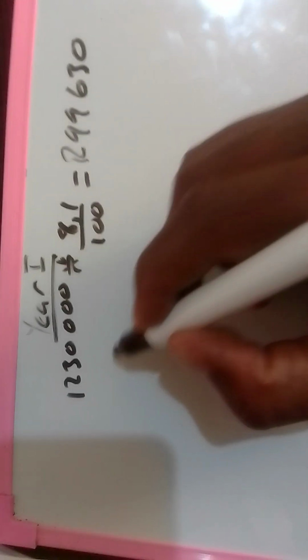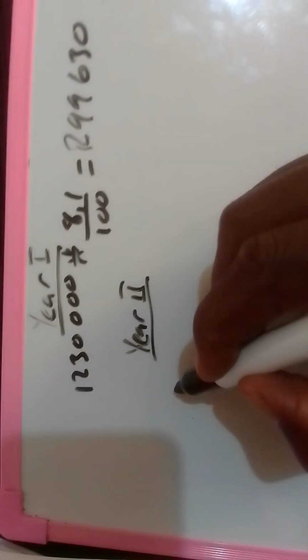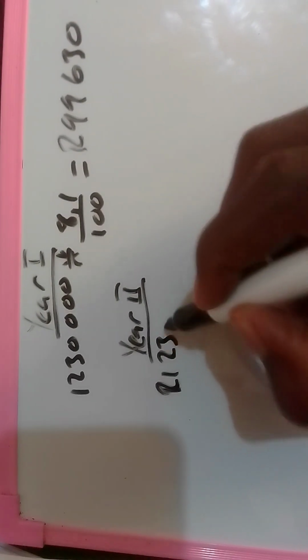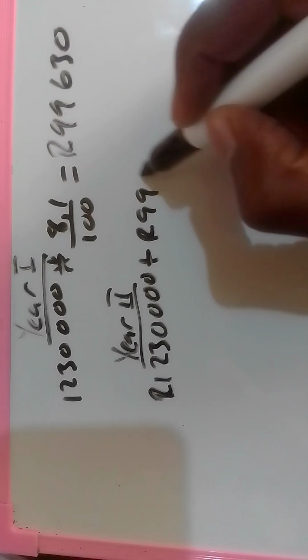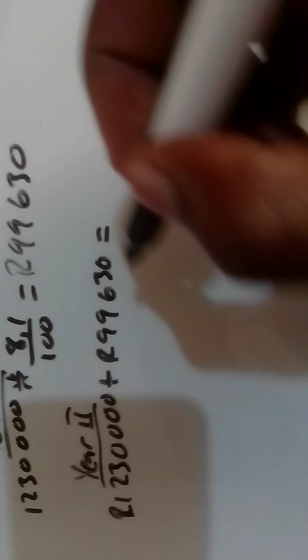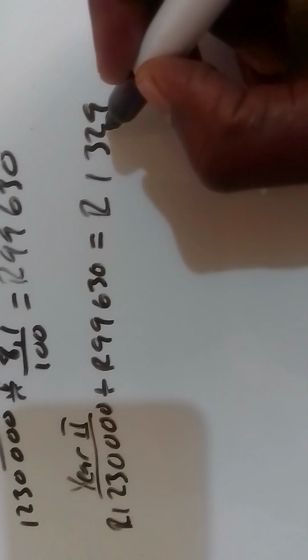Then we say now year number 2. We now say 1,230,000 plus 99,630. We find out how much he has at the beginning. That gives us 1,329,630.